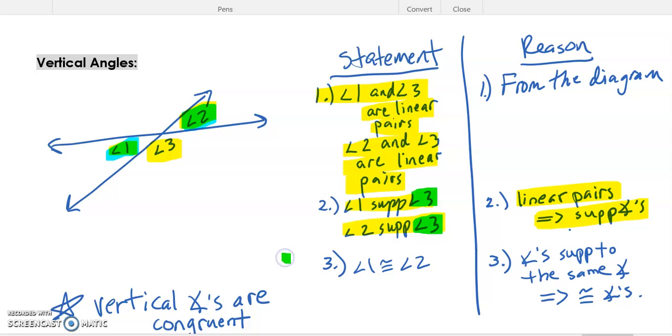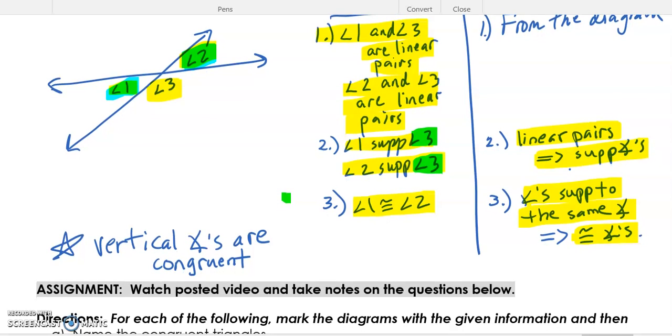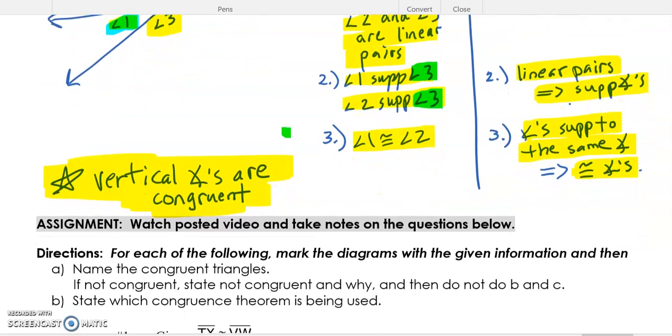That allows us to say angles 1 and 2 have to be congruent, because angles supplementary to the same angle are congruent. So vertical angles are always going to be congruent. Add this onto your sheet of agreed upon reasons that we're going to use in our proofs.